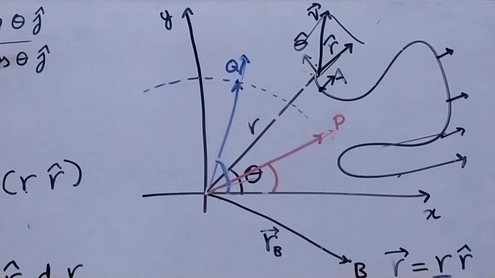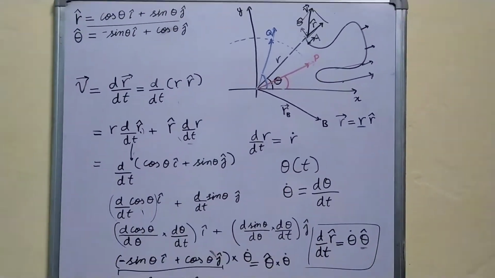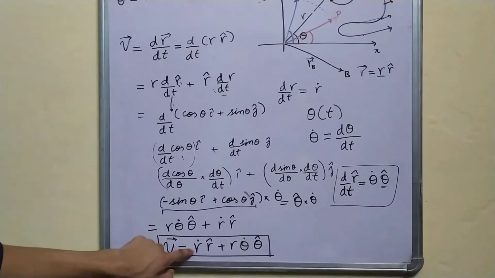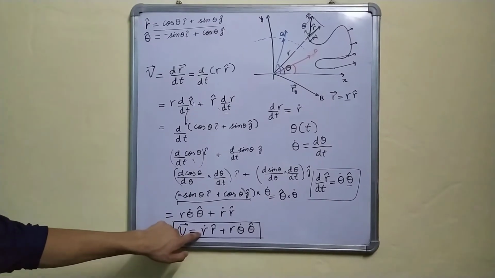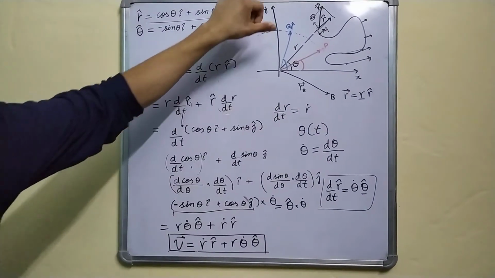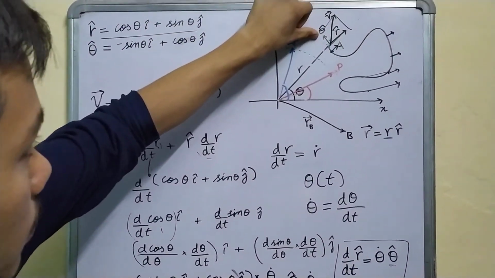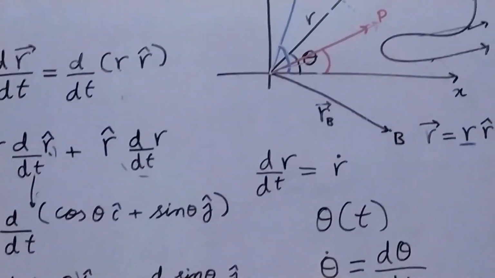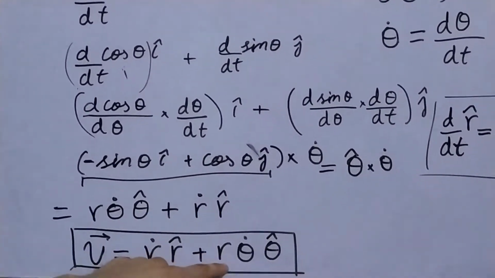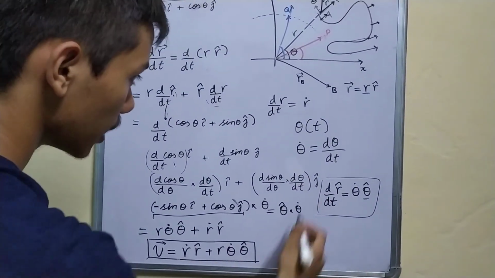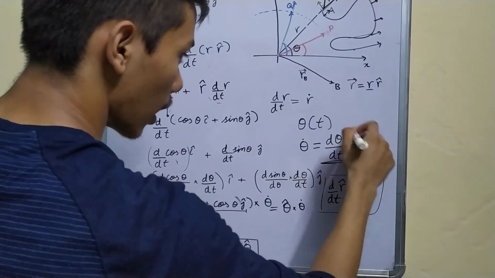You will get two components. The component along r is how the distance from the origin changes with respect to time, r dot, and the component along theta cap, which is perpendicular to r cap, is r times theta dot: the distance from the origin multiplied by d theta by dt, how your angle changes with respect to time.